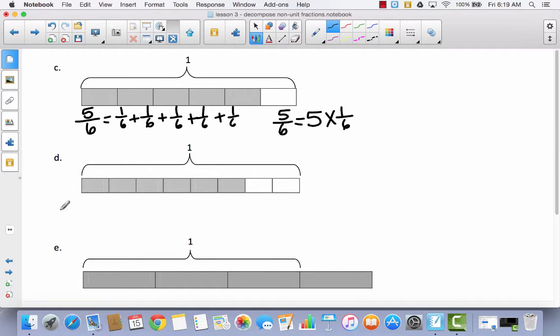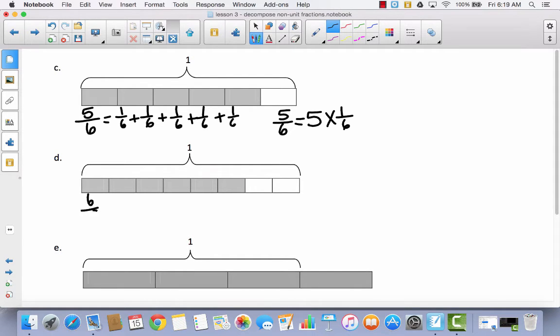All right, let's take a look at D. Again, if you did not feel confident trying to do C by yourself, we'll pause the video and try to do D by yourself. I think this is a pretty easy concept to figure out once you understand what we're doing. So we've got 1, 2, 3, 4, 5, 6 out of 8.